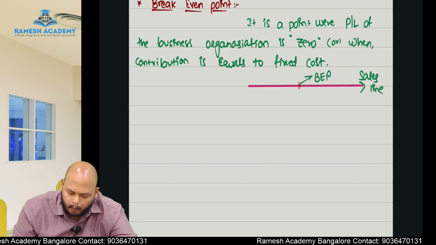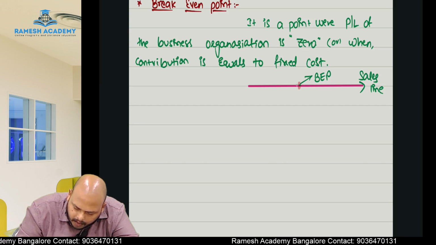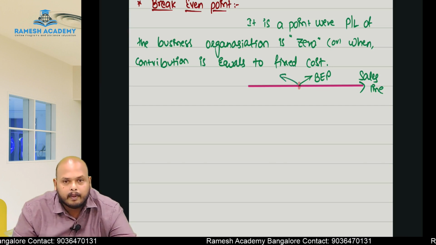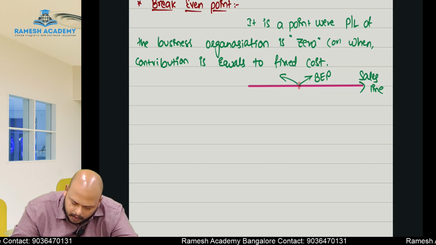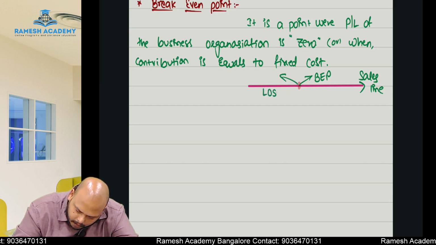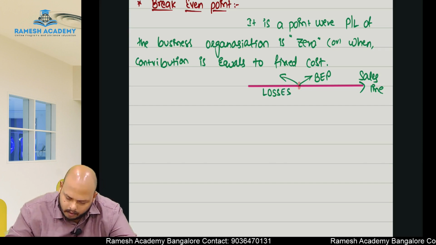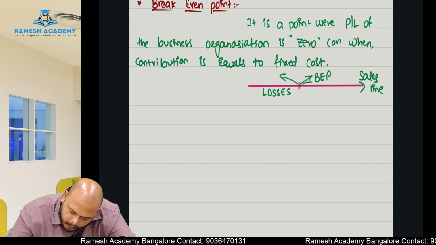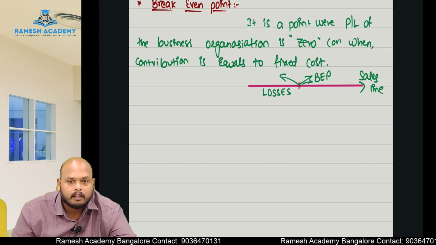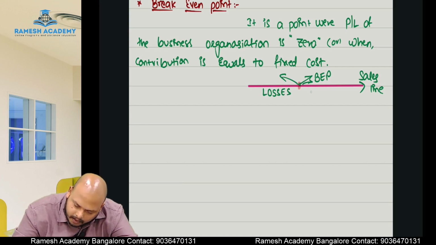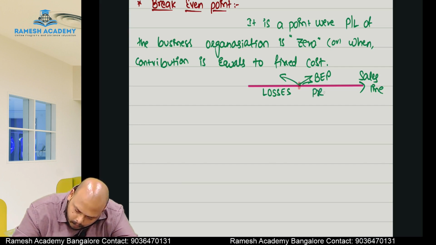From the break-even point, if you are moving towards the left hand side direction, that is completely losses. If you are moving towards the right hand side direction, that will be profits.